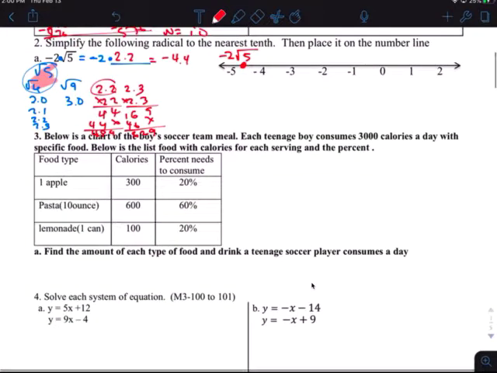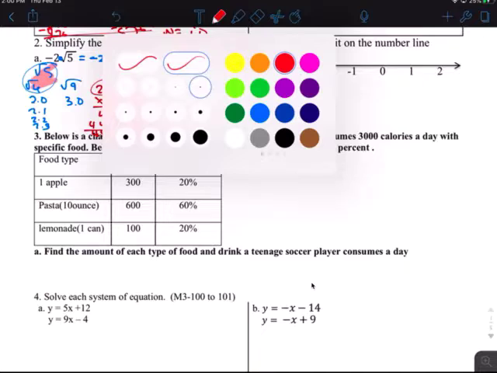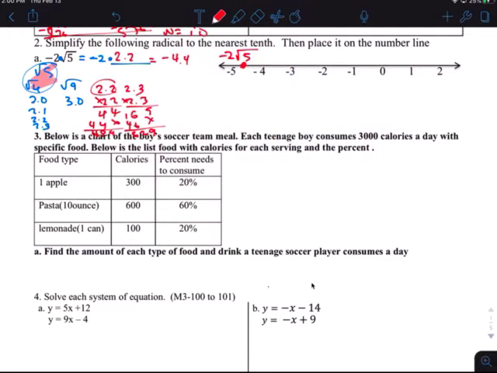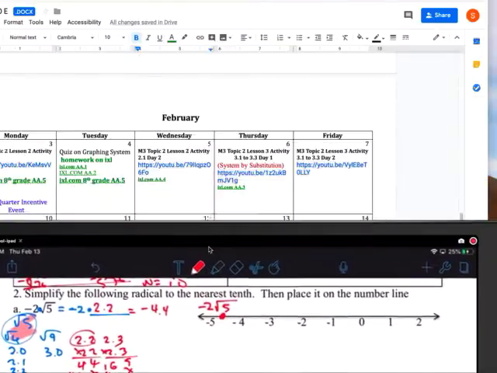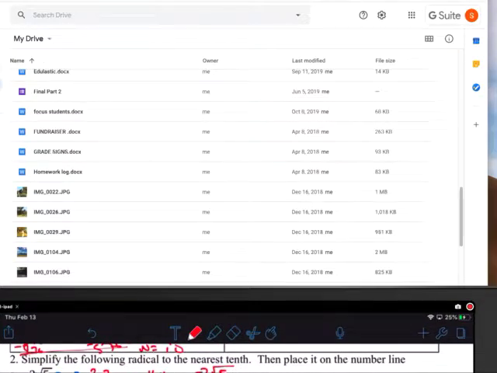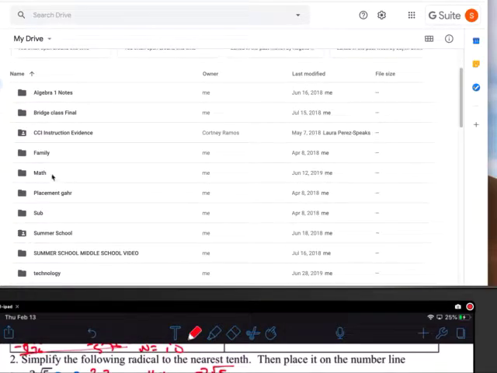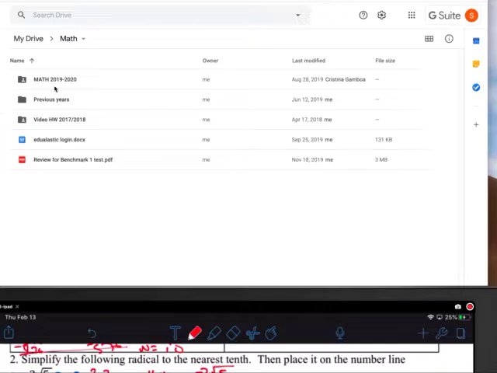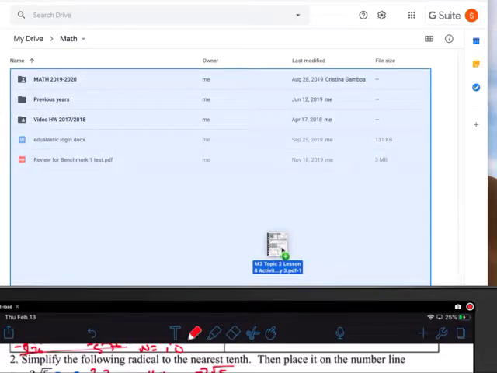Okay, we started this in class also. Hold on. Let me do something really fast because I'm going to keep doing all this problem if I don't do this. So I need to save this into my drive. This one, right? Okay.